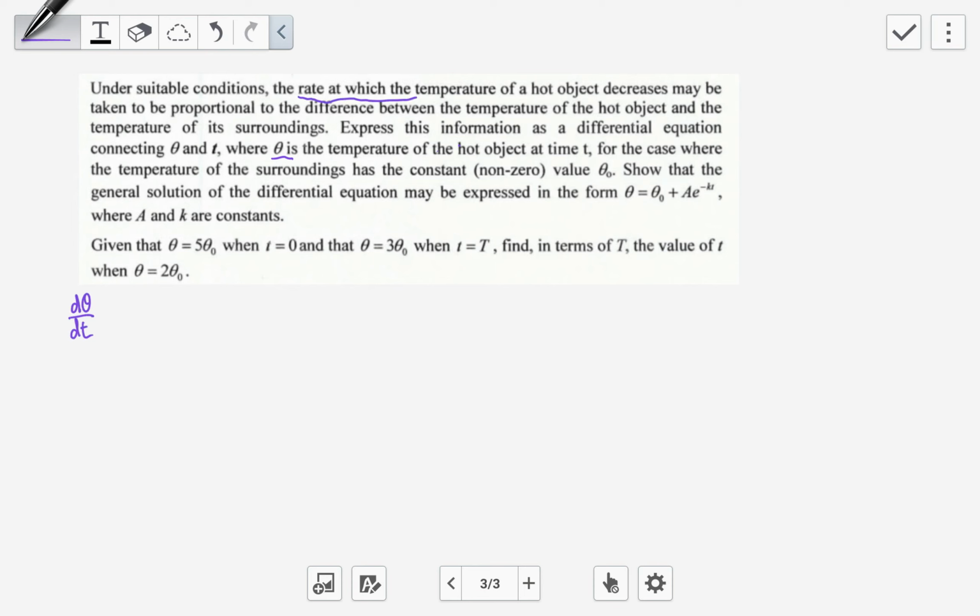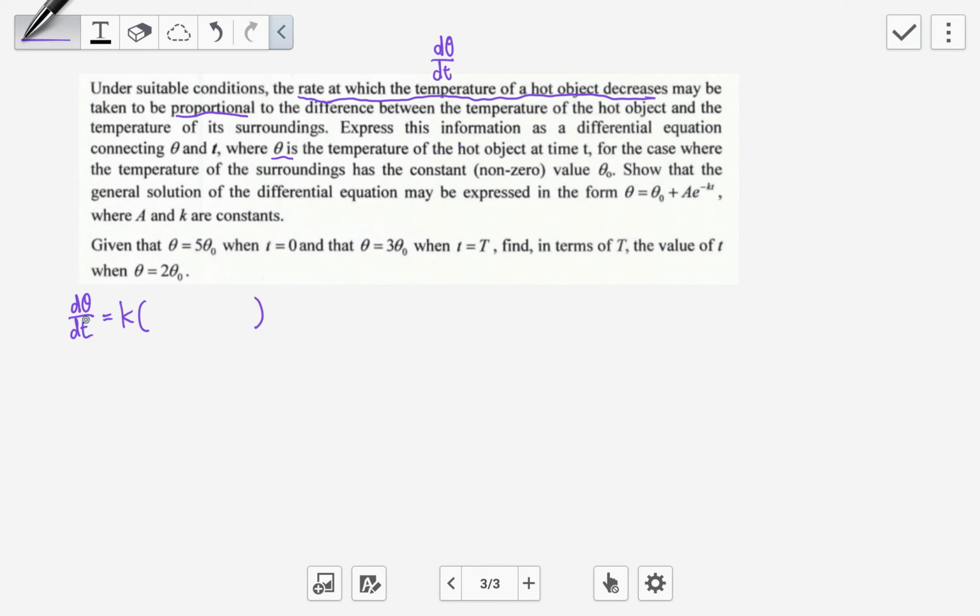So this part, d theta dt, may be taken to be proportional, so k, to the difference between the temperature of the hot object and the temperature of its surroundings.